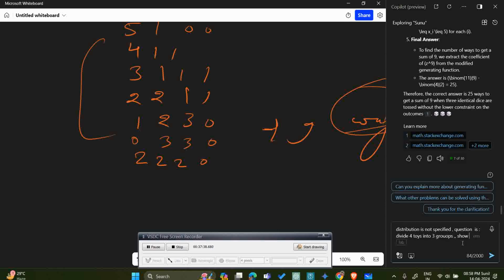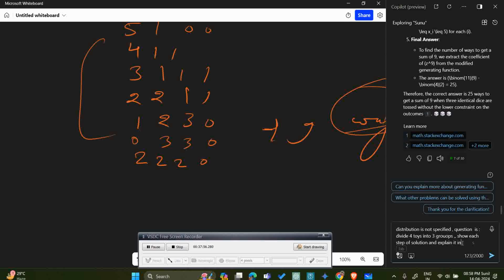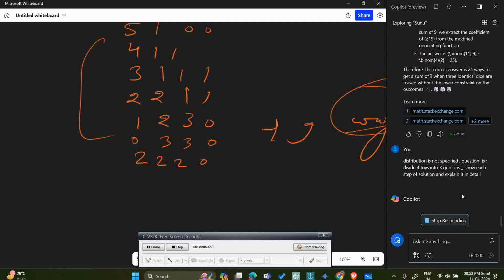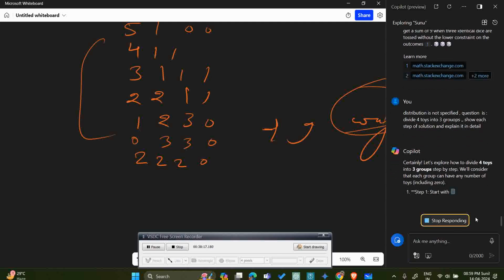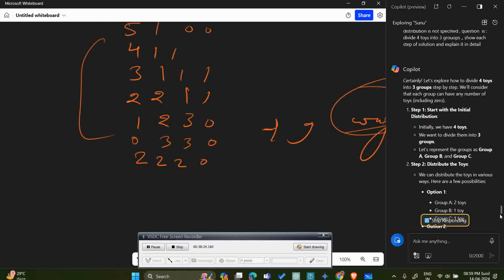Let's explore how to divide 4 toys into 3 groups step by step.